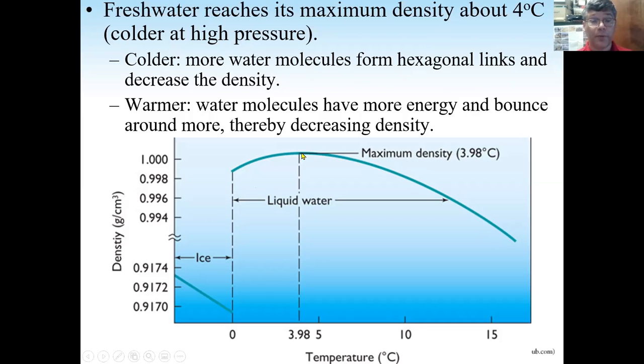Once we get warmer, then around 4 degrees, it's behaving just like anything else. It's getting less dense as it gets warmer. Likewise, once it has frozen, the ice does get denser as it gets colder. It's just right in this little range here. As we'll see, freshwater numbers are going to be a little bit different for saltwater, but same idea in general. Colder water is going to be denser, but it does funny things right near the freezing point.